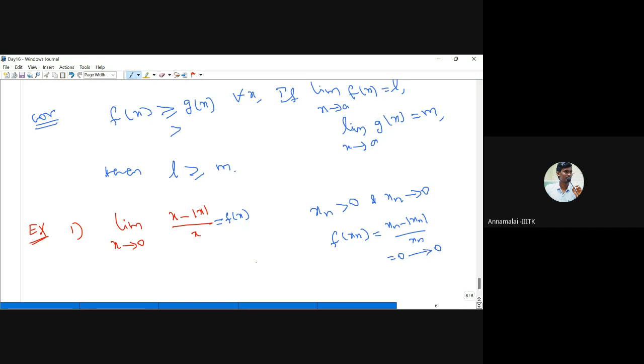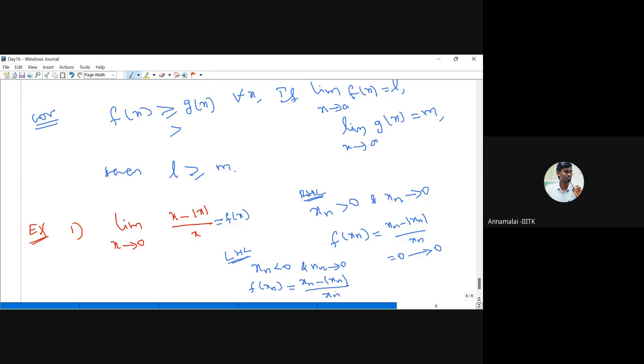Now what is the left hand limit? If you take any sequence xn which is less than 0 and xn converges to 0, then what is the limit of f of xn? f of xn is xn minus modulus of xn by xn.